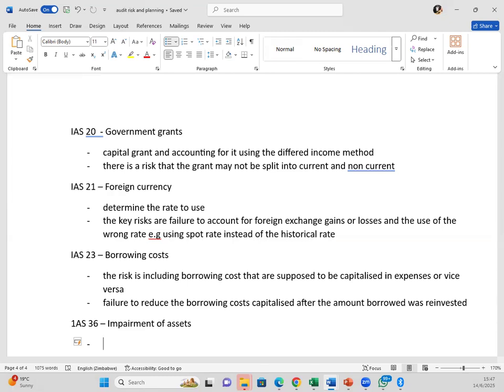So what is the risk here? When there is an indicator for impairment, we are supposed to carry out an impairment review. So the first problem is the indicator is there, but we have not carried out an impairment review.